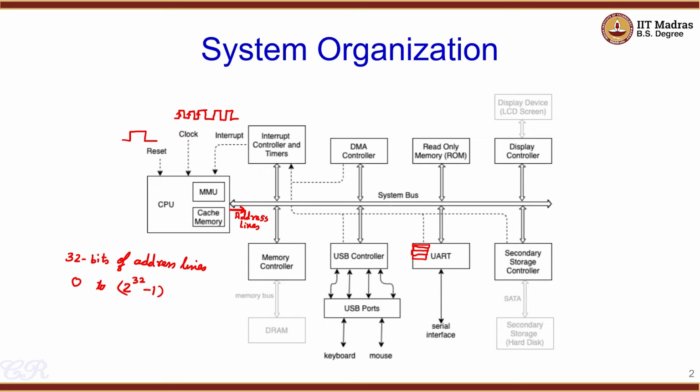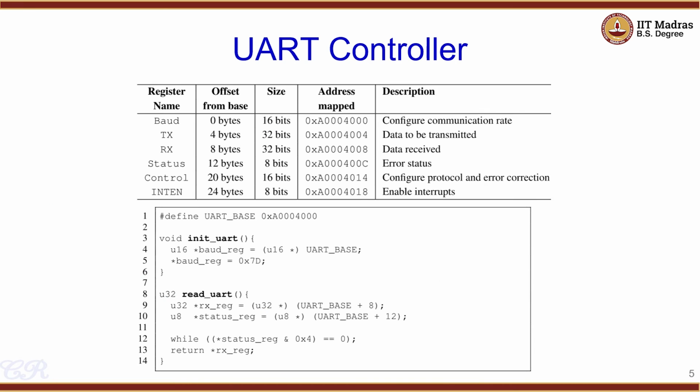There are not too many, just 6 different addresses, and each of these registers can be accessed by the CPU, right?